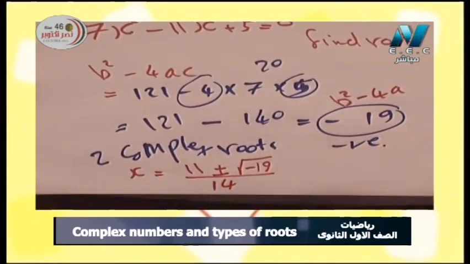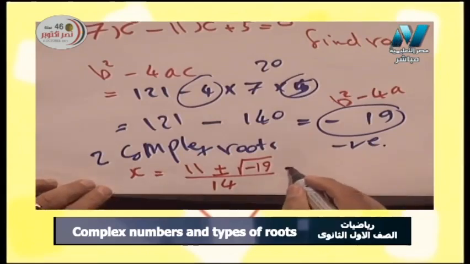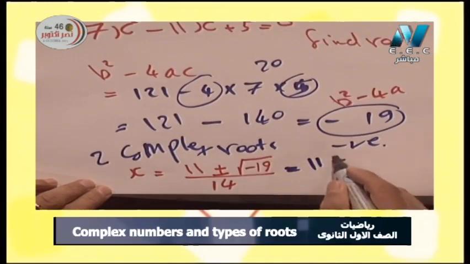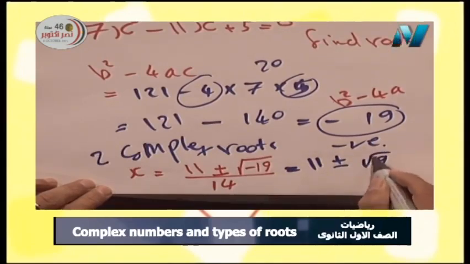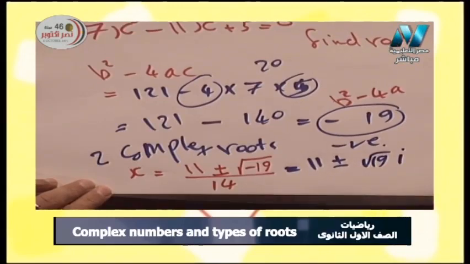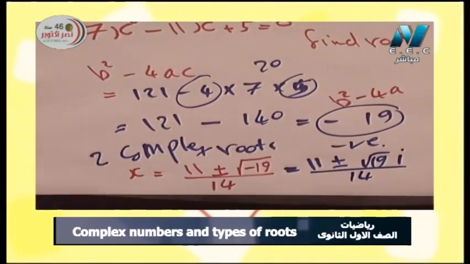The negative 19 inside the root gives us 11 plus or minus root 19 i, because the square root of negative 1 is i, over 14.